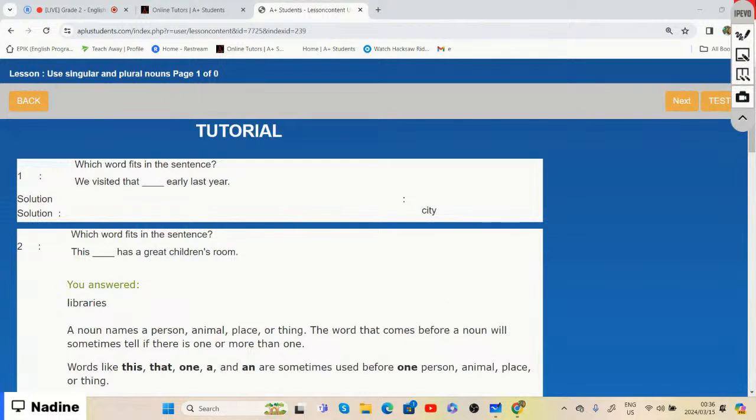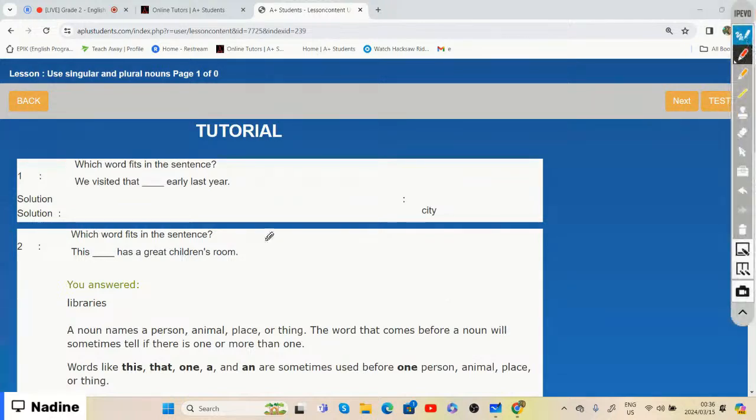So we can say this library has a great children's room. So the library. And that is a singular word. It refers to one library, not more than one, only one.